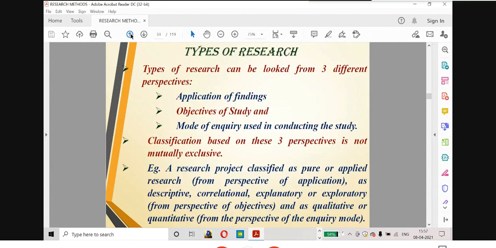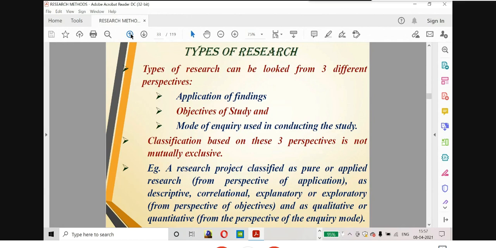Classification based on these three perspectives is not mutually exclusive. That means what? You have taken up the study, and you may also plan to get your solution to have certain application. So your study can be application oriented with certain predefined objectives.